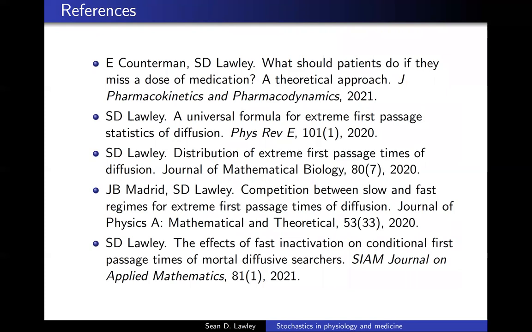Yes, that's a terrific question. In this analysis, everything I talked about today, we're assuming independent searchers, so there are no interactions. But I think you're right. This student Jake Madrid, who I did a lot of this extreme first passage time work with, this is exactly what he's working on right now: trying to understand these first passage time problems with multiple searchers where they have some interaction.